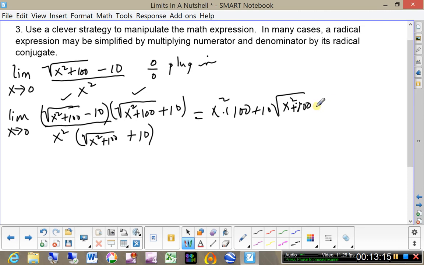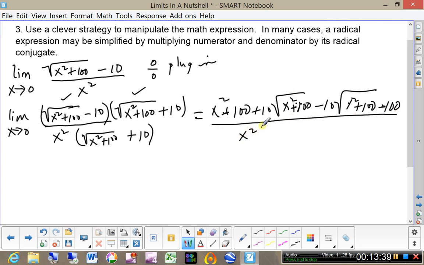Then the inside is minus 10 square roots of x squared plus 100. And then the last term is minus 100. And that's all divided by x squared times the square root of x squared plus 100 plus 10.